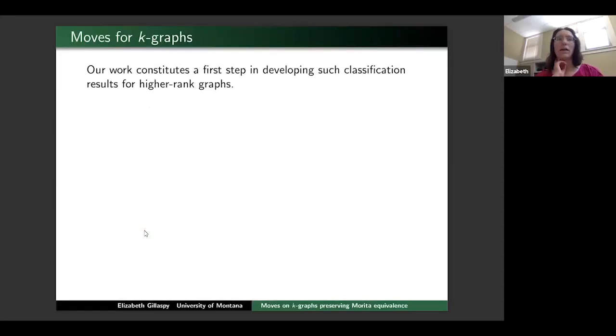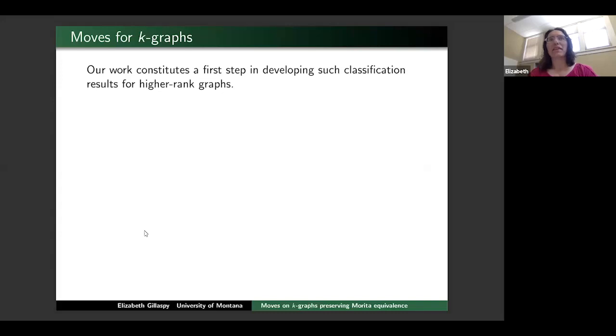And this work that my students and I and Caleb and David did last summer is a first step in extending these classification results for higher rank graphs. So we do not yet have classification results, but that's sort of the eventual end goal.